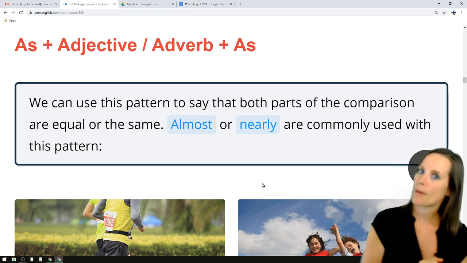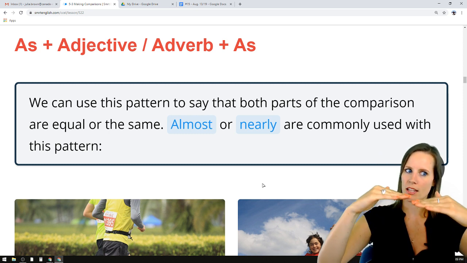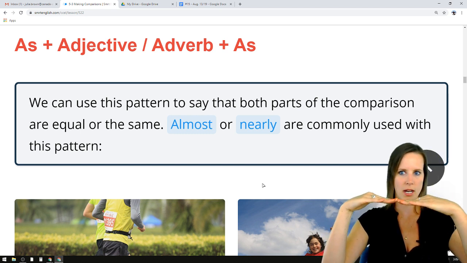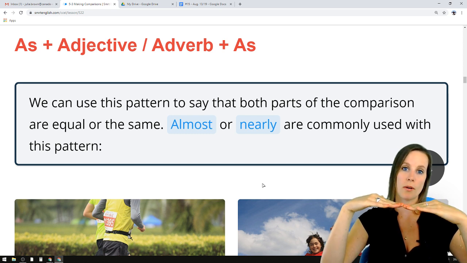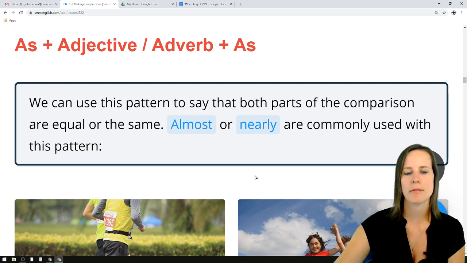If you use almost or nearly, it changes the comparison a little bit, okay? So if I use just a positive form, they are equal, okay? If you use almost or nearly, they change just a little bit, not very much, okay? Let's look at some examples.